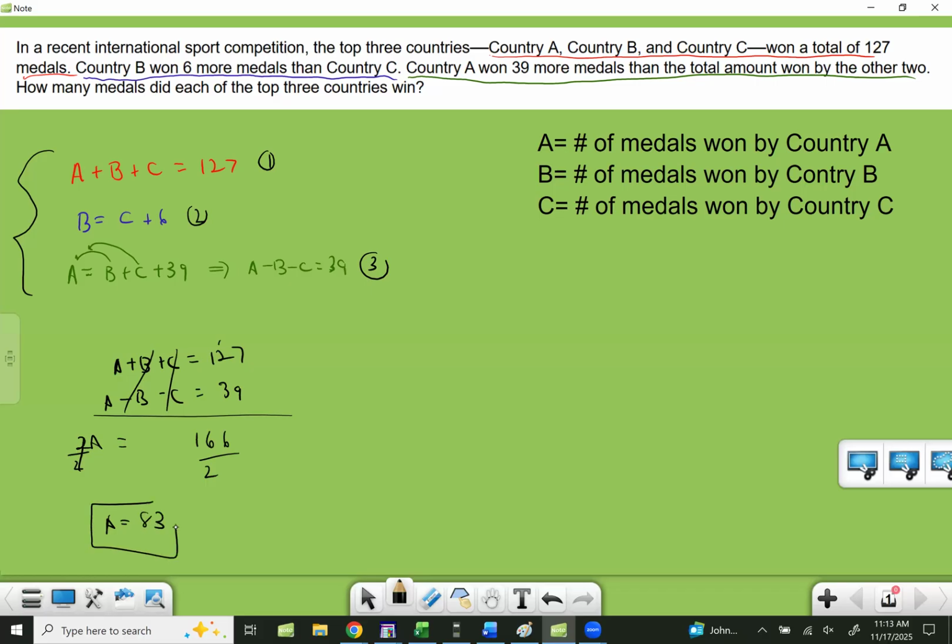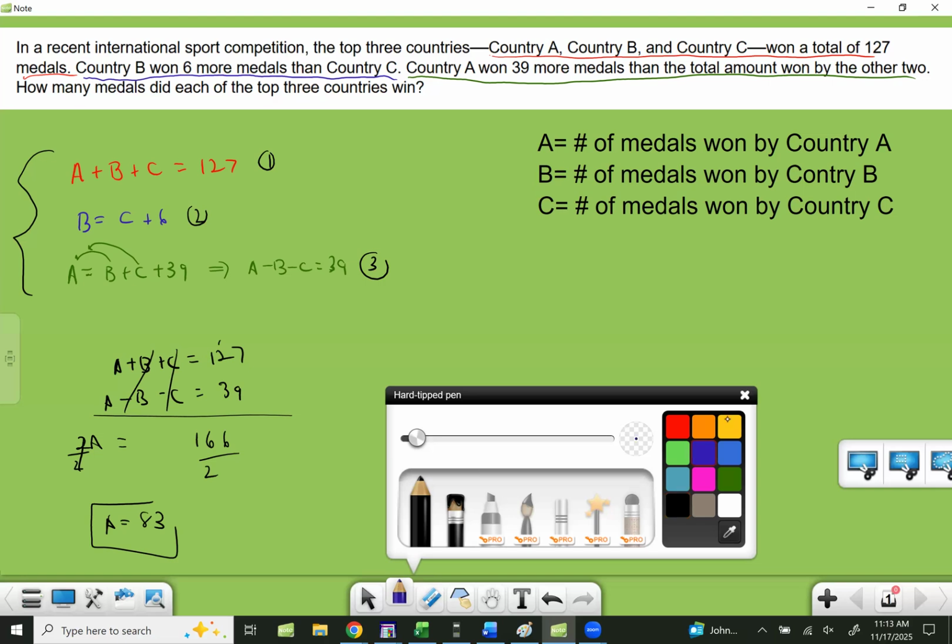All right, so we now know how many medals A won. So what we want to do is figure out how many medals B and C won. All right, so let's see what we can do there. We can take one of the equations, it doesn't matter which one, but it has to have an A in it.